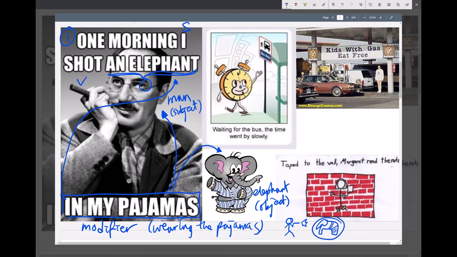I can't draw elephants right now. Now, you might think about where this modifier should be placed. And this one is a misplaced modifier. And we'll explain that more in a minute. But you can see here, this is the picture showing, oh, the elephant is wearing the man's pajamas. Let's look at number 2.